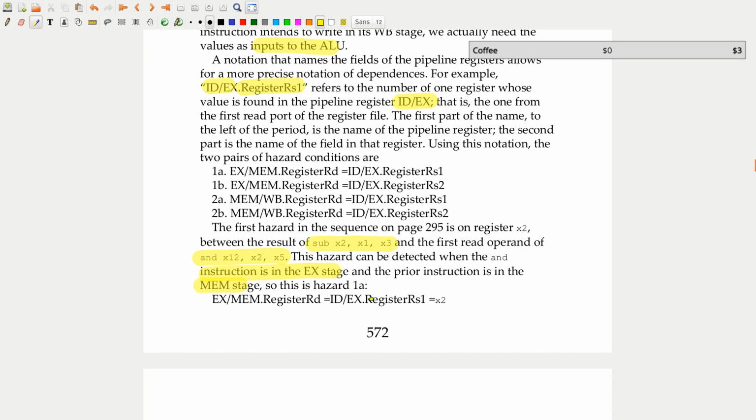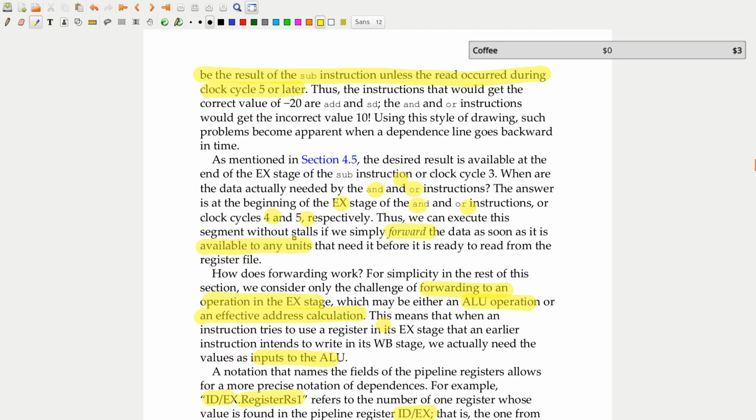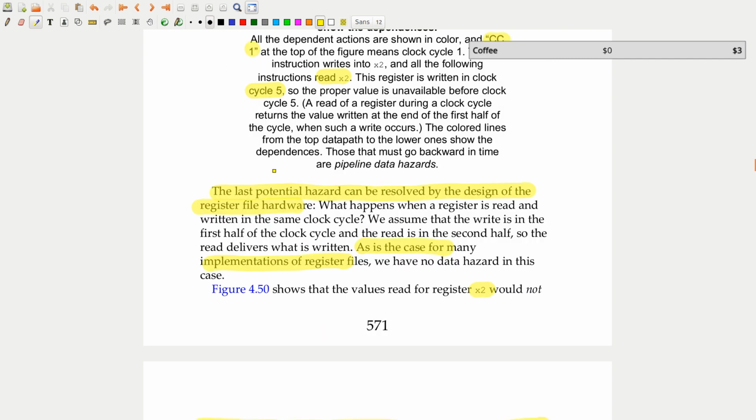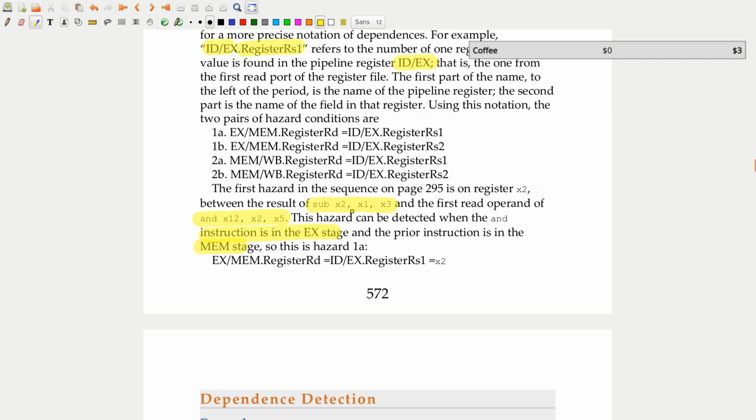So this is saying that at the execute stage we can forward some value. So let's see, this is sub and yeah, that's these right here. So it's just saying that we can forward back this value of X2 into this other stage while it's in execute.